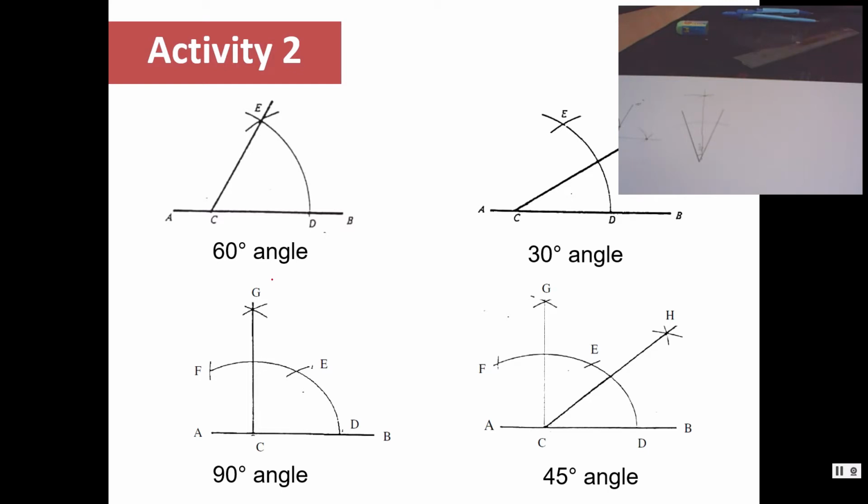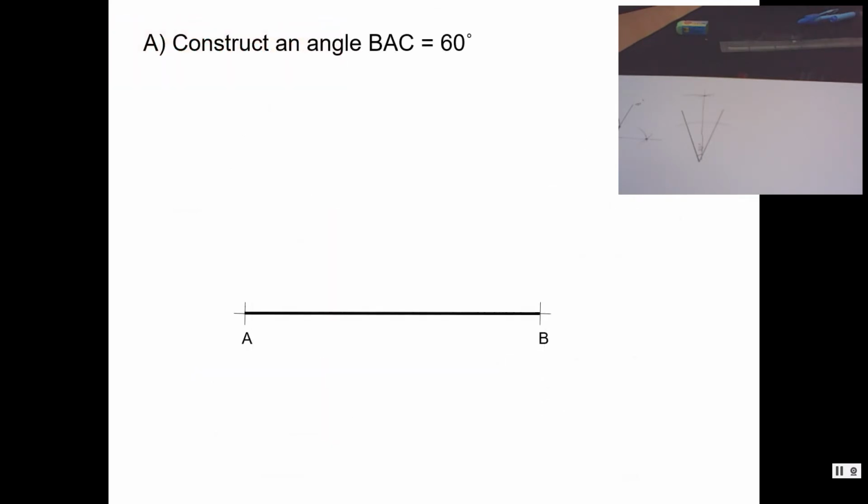You have the protractor that gives you the angle if you want, but at the same time you can use the compass and some technique in order to draw the angle that you want. So we start with the 60-degree angle first.